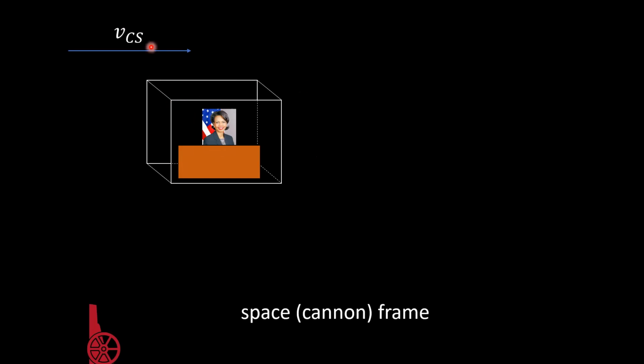So V_CS, that would be the velocity of Condoleezza with respect to space. So I'm imagining, instead of like the ground, which we had previously with the starship, just imagine there's a fixed set of axes. Maybe they're fixed to the cannon. I'll call that the space frame. Condoleezza is in her own little reference frame moving through space. So this is the velocity of Condi with respect to the space frame.